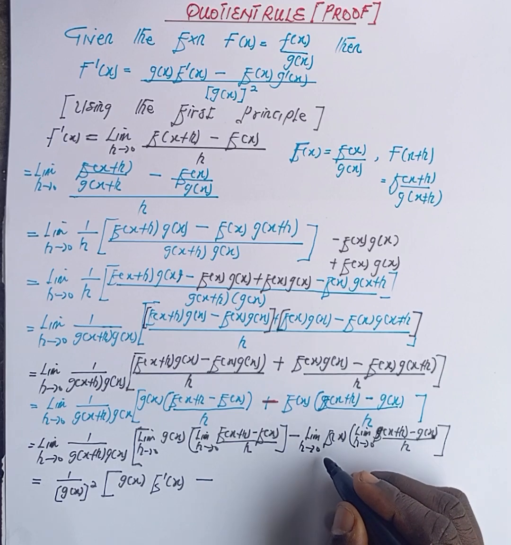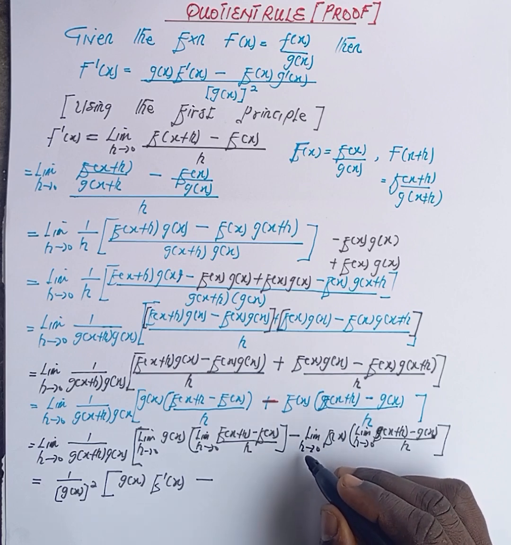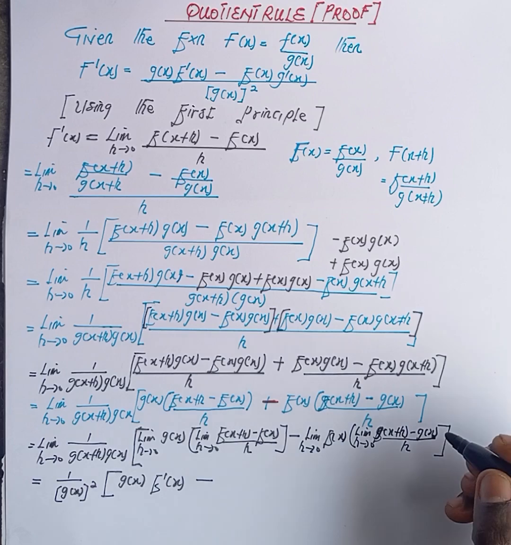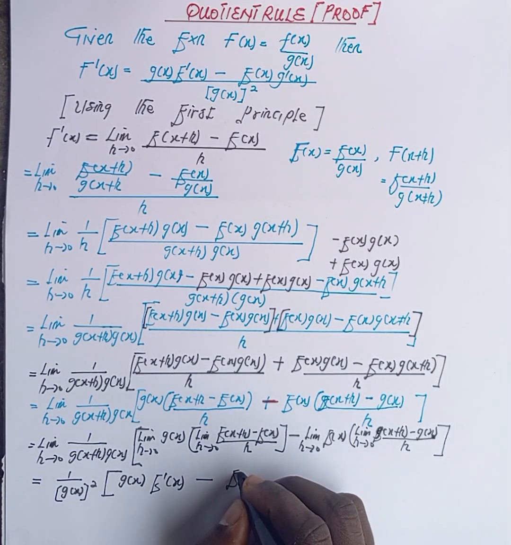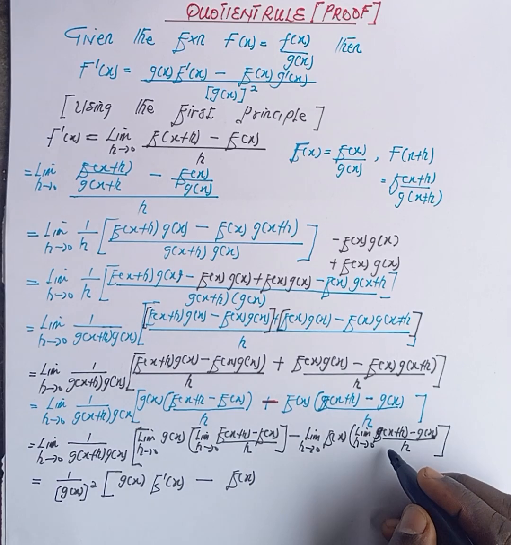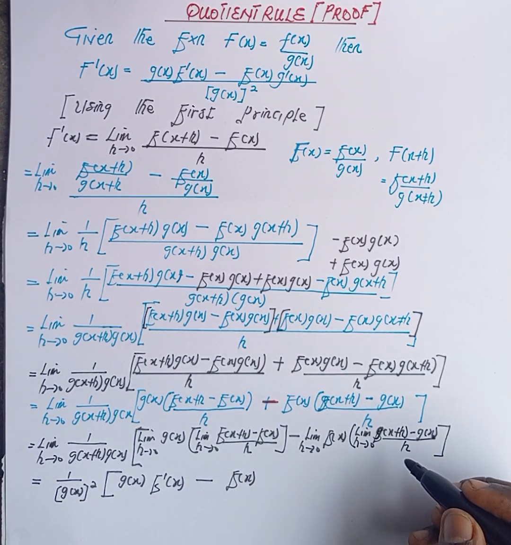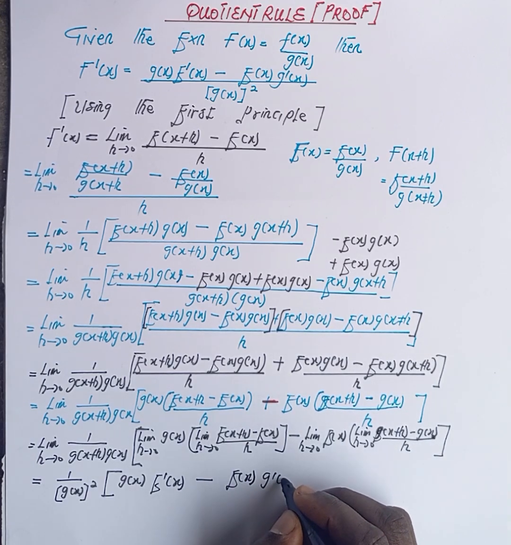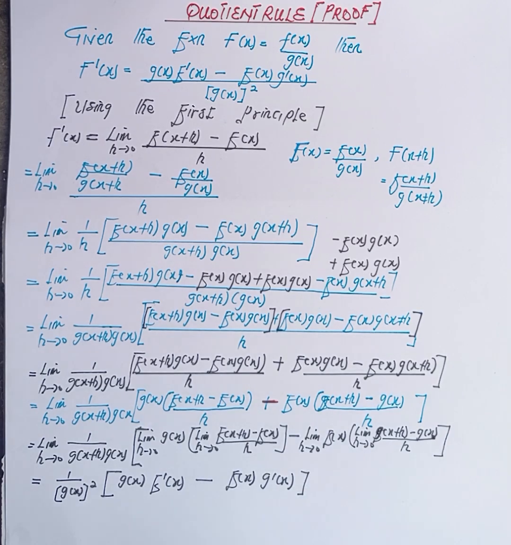Now you can also see that the limit as h approaches 0 of the function f at x, as the argument h is approaching 0, any function of x becomes a constant, and the limit of a constant is the constant. So we are going to get what? f at x, and then this very part is similar to this very part, so we can write it as what? The derivative of the function g at x. So we have the derivative of the function g at x.